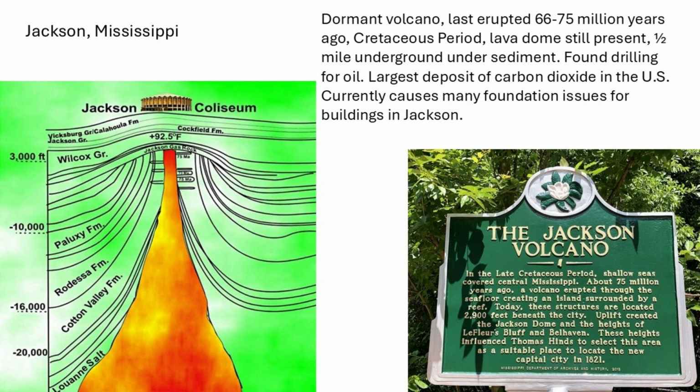So, the question was, what is it? What is causing this heating process? And upon further investigation, they found that there was this volcanic pipe, this conduit, that still had magma that moved through it. This movement of the magma also solved the mystery of why so many buildings in Jackson, Mississippi have foundation problems.